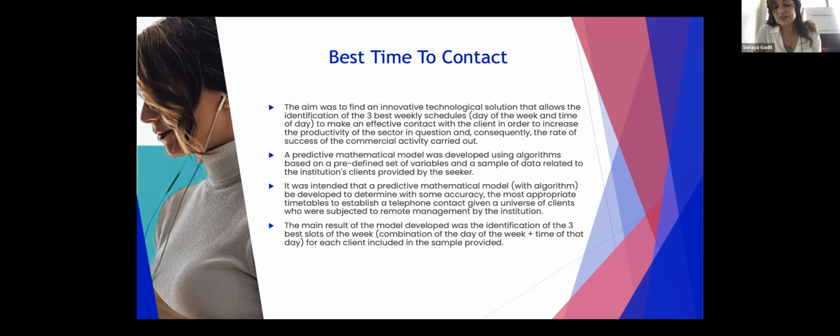So according to your professional status, your family status, what is the best time for Soraya to be contacted? If I work, if I have a family, it's like a big brother, but it's an algorithm customized for each person.